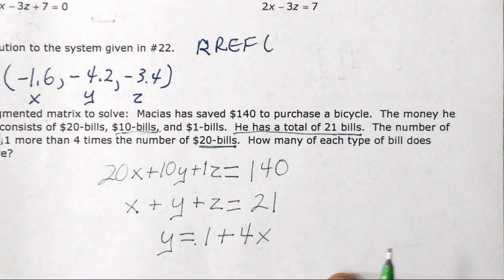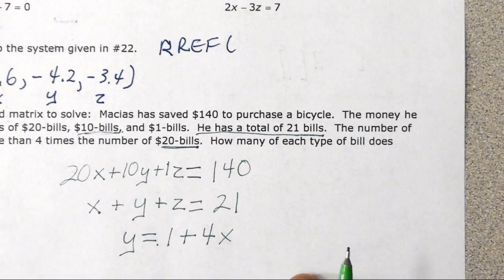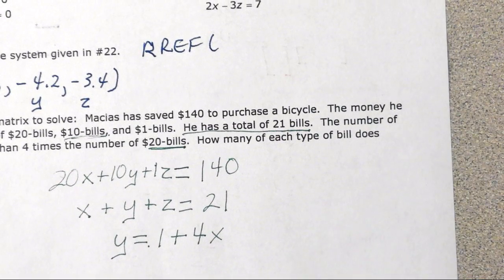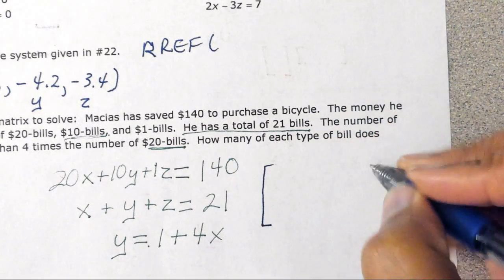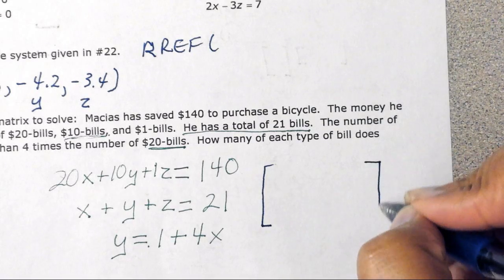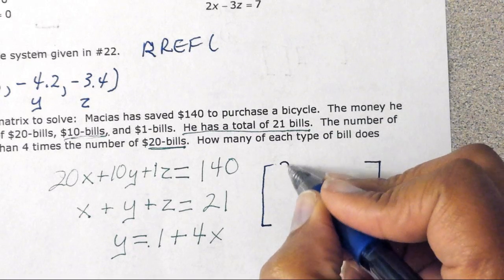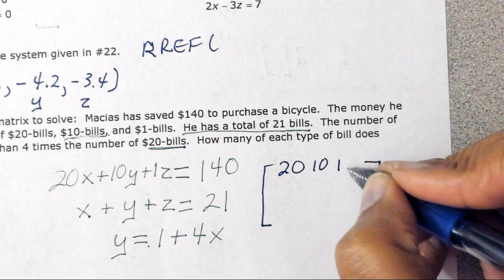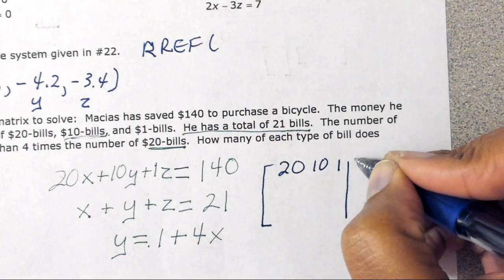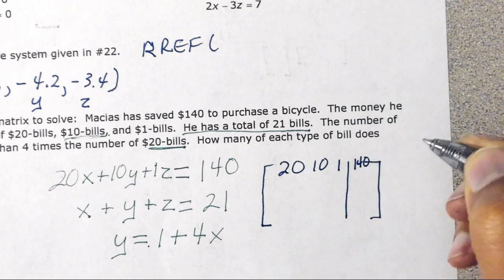We now take this information and we convert it to an augmented matrix. We're just going to take our numbers and write our matrix. So it's 20, there's our 10, there's our 1, there's my line, and what goes on the other side of that line? The 140.